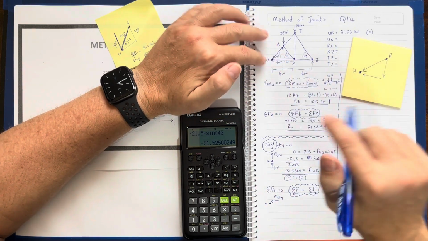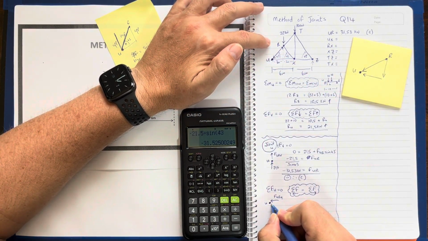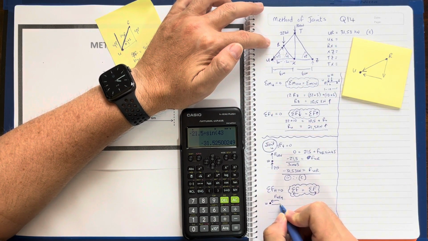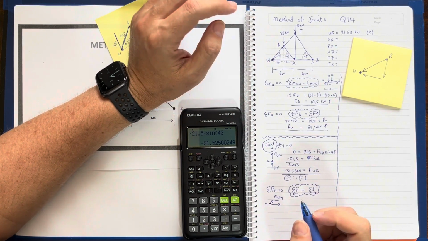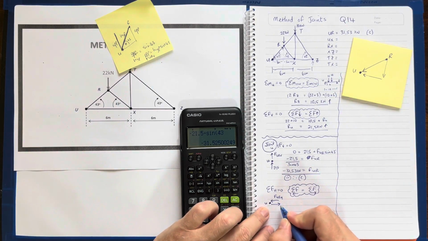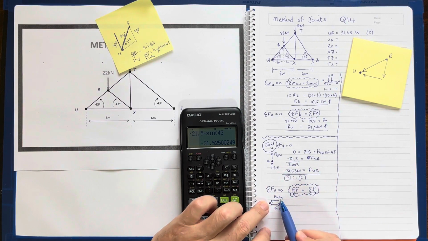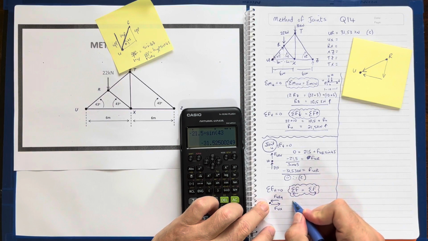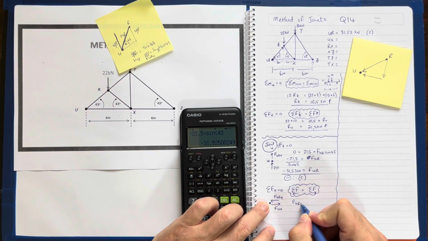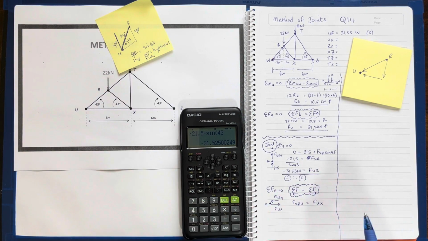And what I'm actually trying to do now is solve for UX. I don't know what direction UX is going, but it is horizontal and it's traveling away. I don't know what it is, so I assume it's positive. I assume it's in tension, which means it's traveling away from the joint, and that is force UX. I've got this force going in that direction, so I've got FUR horizontal, and I've got force UX going in the other direction.